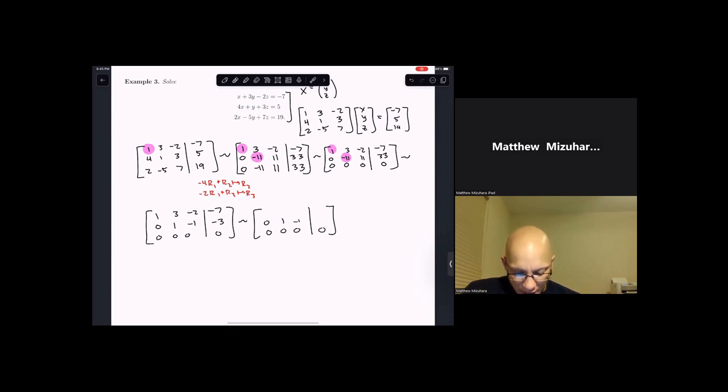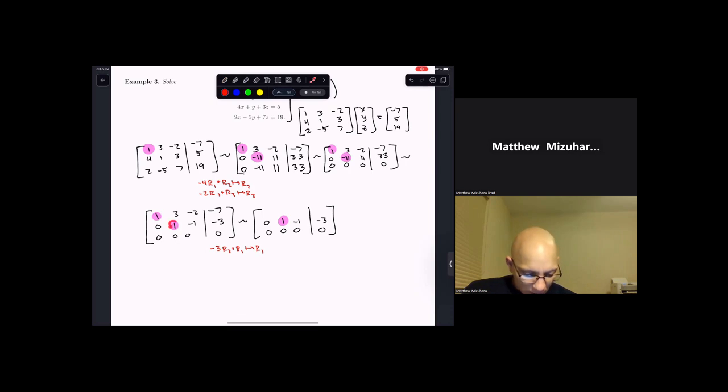Now the goal is to get 0 above that 1 pivot. To do that, I'm going to do 3 times row 2 plus row 1, replacing row 1.